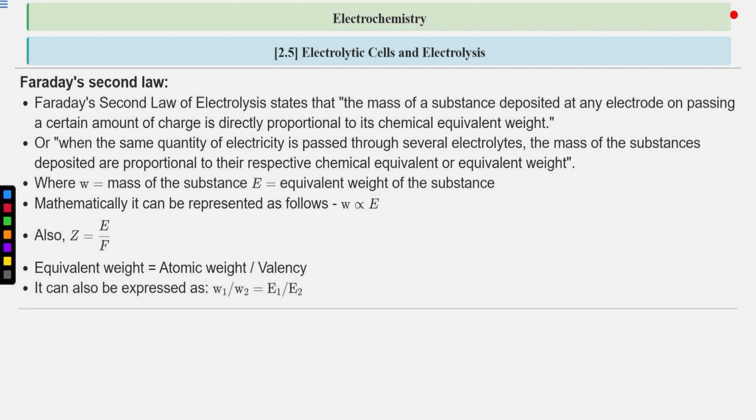So it can also be expressed as W1 by W2 equals E1 by E2, because the mass W of the substance deposited is directly proportional to the equivalent weight of the substance. That means W1 by W2 equals E1 by E2. You can say this in ratios, right? So this is the formulation or mathematical representation.